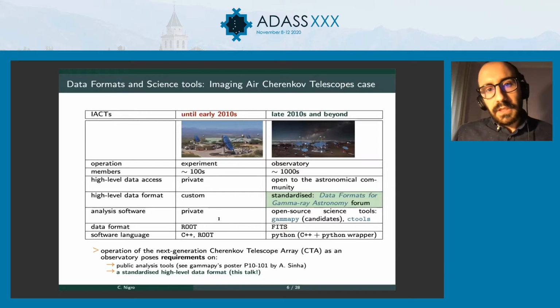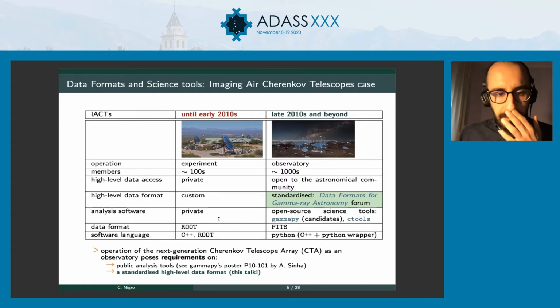The situation is very different for imaging atmospheric Cherenkov telescopes. Until the last decade, all our Cherenkov telescopes were operated as experiments. This means that they had on the order of hundreds of members, and the data access was private. In the same way, the analysis software was private.